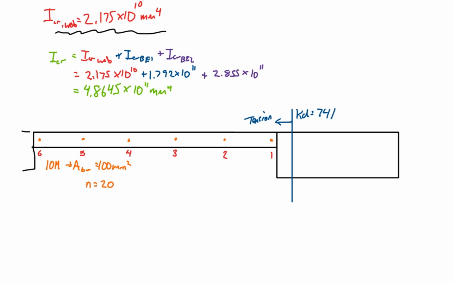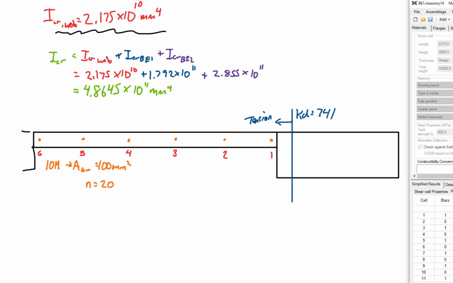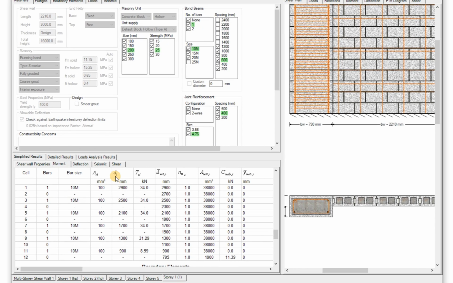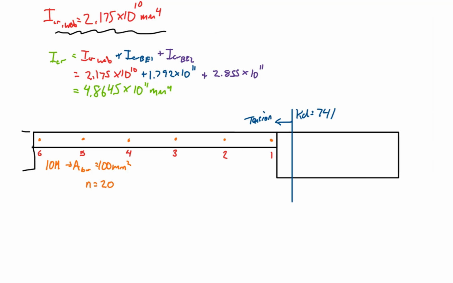This is riveting stuff. Just from the software, like I said, I'm going to use these D values that show up here. For the bar closest to the compression zone, that distance is 900 millimeters. Since they're spaced at 400, those numbers increase by 400. So I'm just going to quickly write down these D values.